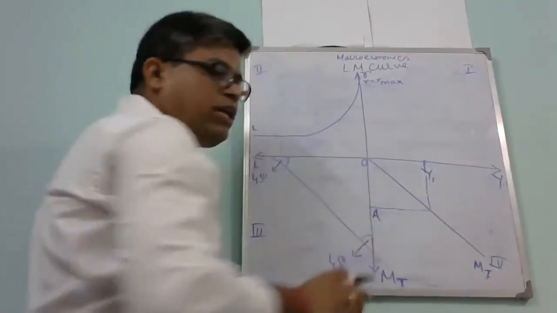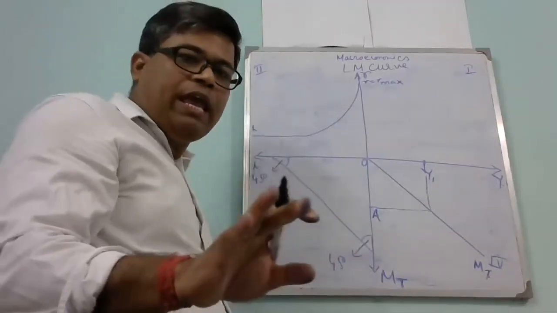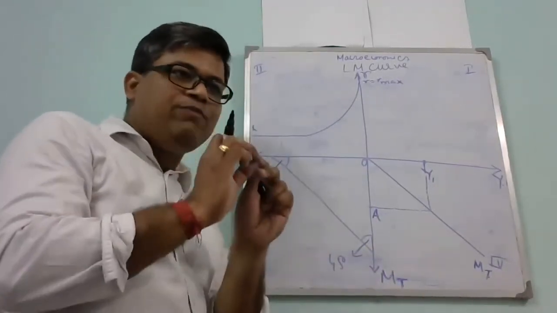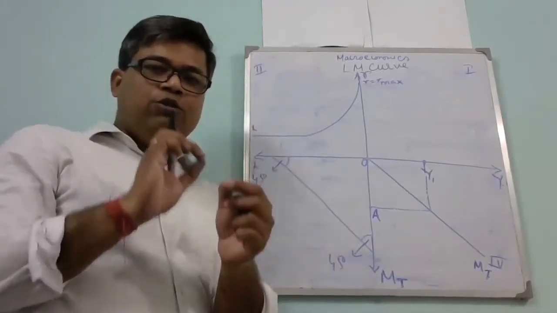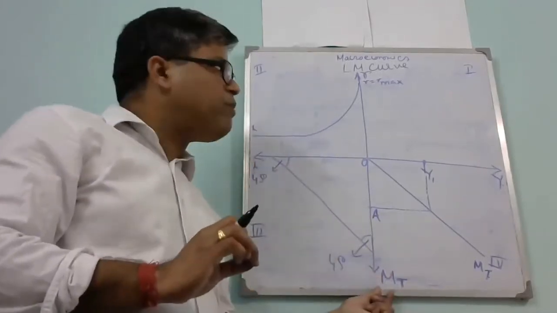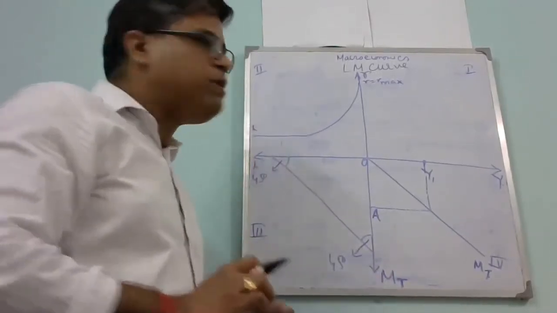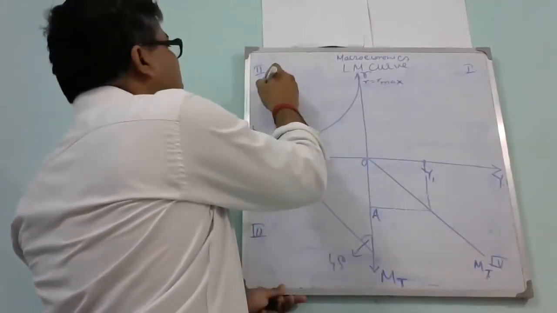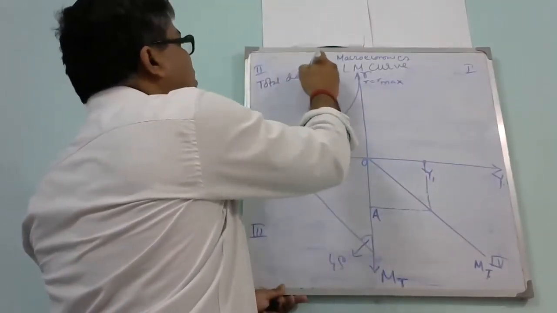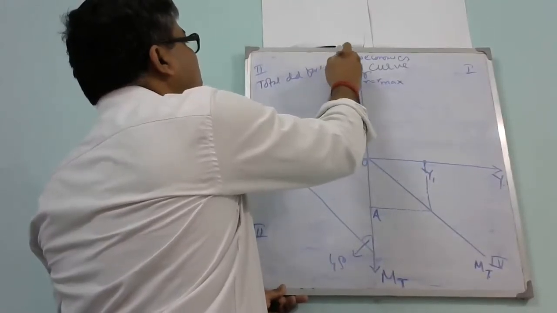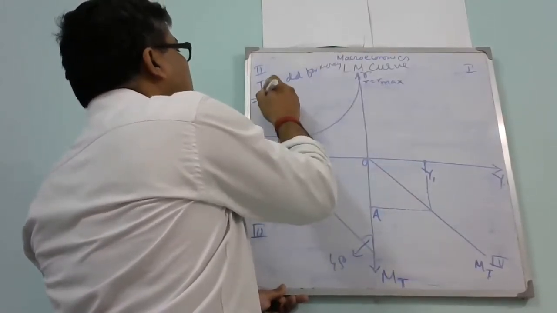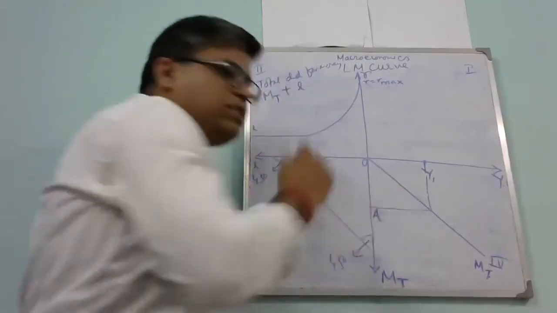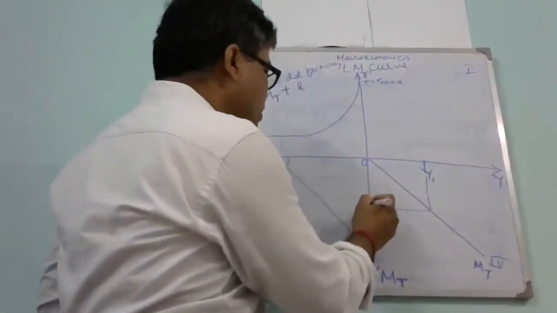Now, if the total transaction demand for money is OA, then how much would be the speculative demand for money? Remember, total demand for money is equal to total transaction demand for money plus speculative demand for money.